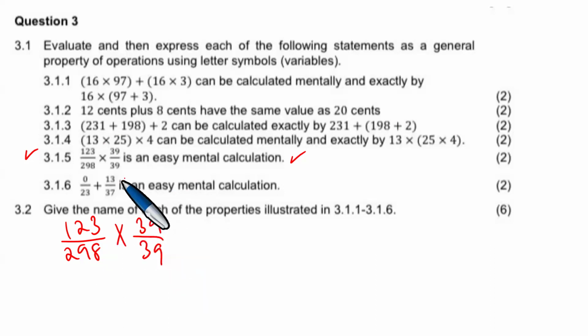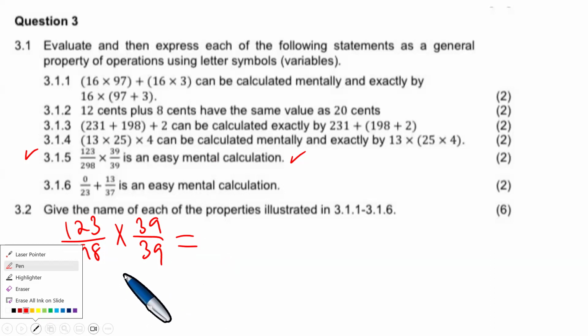The lecturer is saying, because I've taken these questions from past assignments and exams, that it's an easy mental calculation. He's saying it's straightforward, so we must evaluate this. But they're saying it's a mental calculation. So if you multiply by 39 out of 39, what is 39 out of 39?